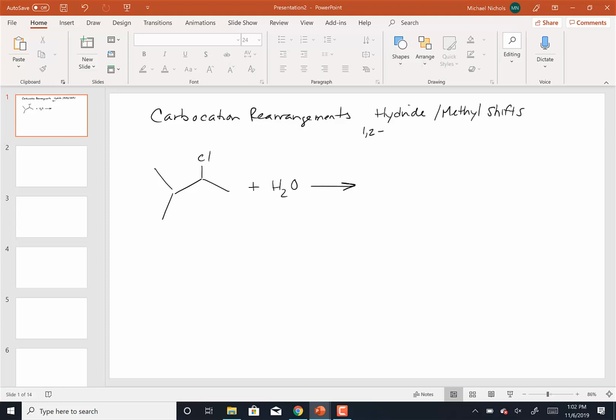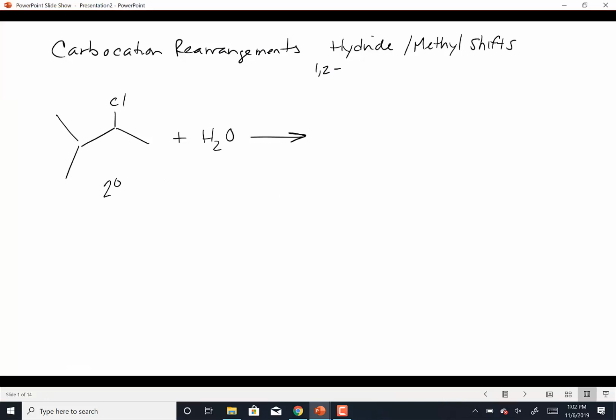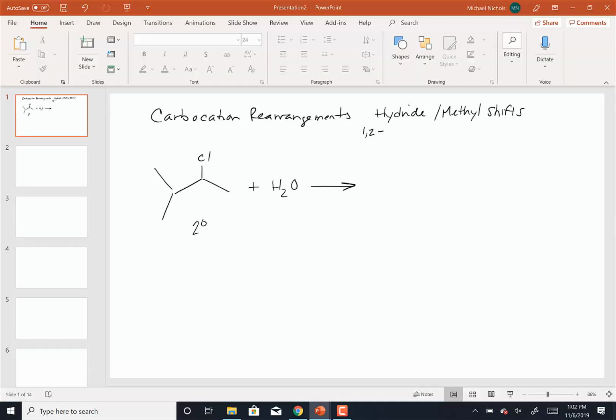From our chart, we know that this is a secondary system with a weak nucleophile, so its mechanism would be SN1 and E1.